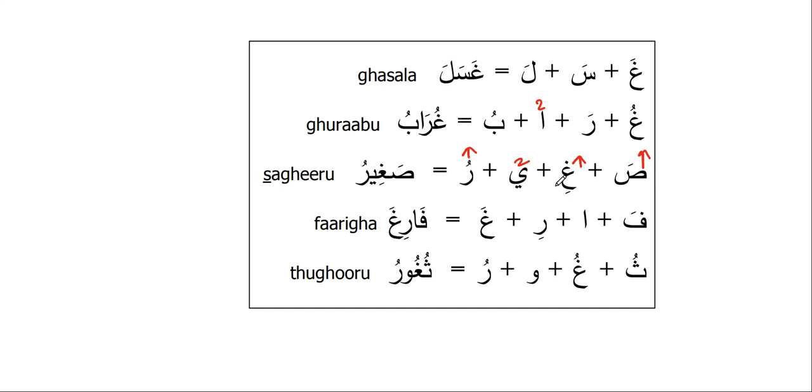Saghiru. Fariga. This is heavy and this is two counts. Thu, this is a light letter. This is heavy and two counts, and this is also heavy. Thuguru. So that's how you pronounce the letters.